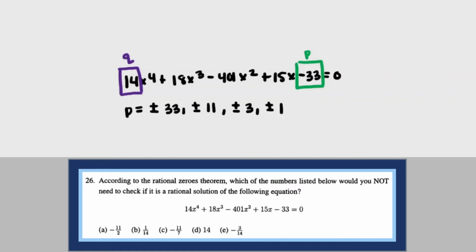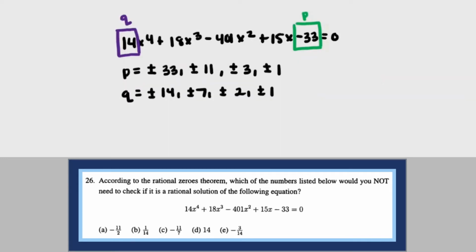So those are all factors of negative 33. And then we're going to do the same for our Q. Our Q is 14, so we're going to find everything that factors to be 14. So one would be plus or minus 14, plus or minus 7, plus or minus 2, and lastly plus or minus 1.